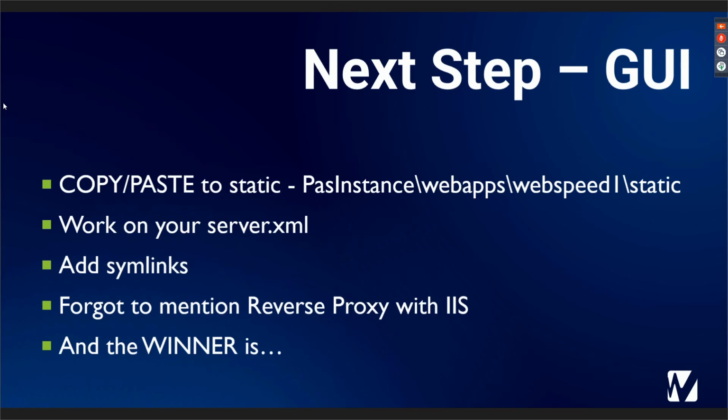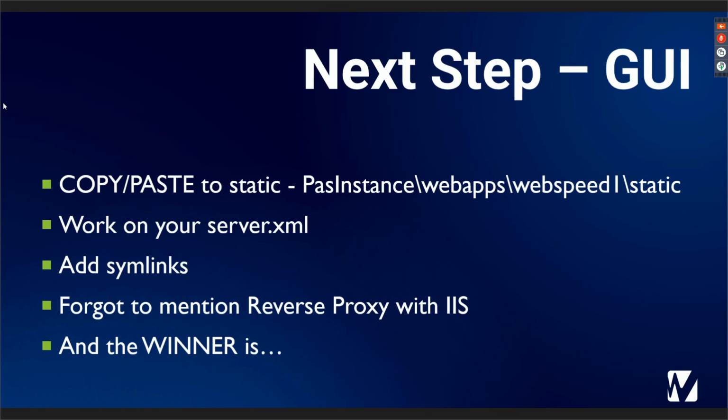It's okay. The second option was to work on your server.xml file, and that is to define the static directories to your workspace in the server.xml file, which you can find in the conf folder. There, inside the host element, we can add the mapping within the static folder and our current GUI location. By current, I mean the classic one.